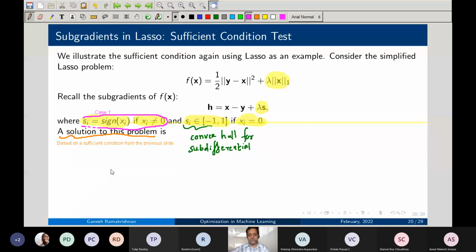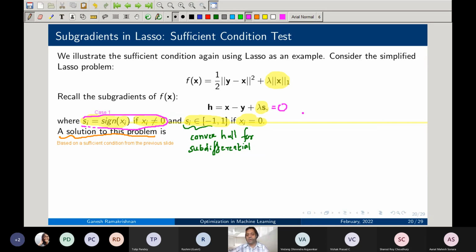So what is the expression for case 1? I'd like participation at this point. I want to set this entire thing to 0.